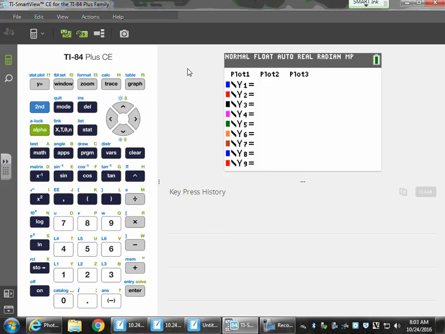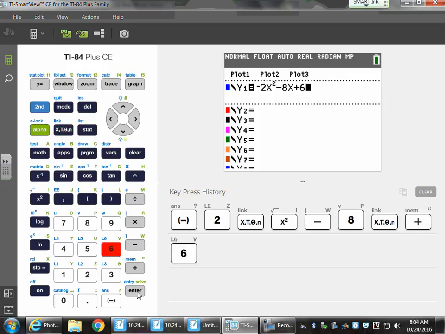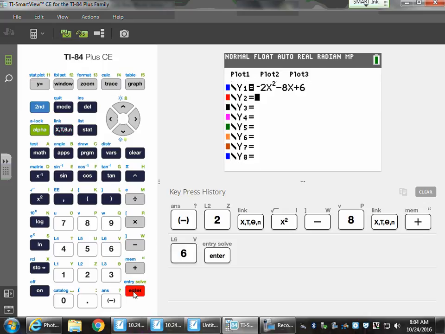And let's type in -2x squared. You have an x squared button here off to the side. -2x squared minus 8x plus 6. Hit enter.